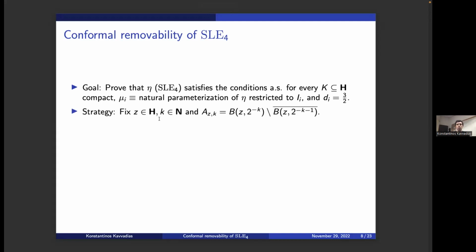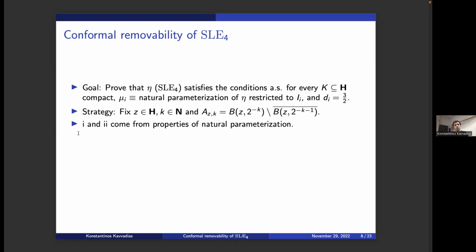So here the strategy is to consider Euclidean annuli. But of course, in the paper, we do not exactly consider Euclidean annuli. We consider conformal annuli, which approximately look like Euclidean annuli in order to avoid some technicalities. But everything works the same for Euclidean annuli as well. So we can just imagine that in the case of SLE4, we consider Euclidean annuli.